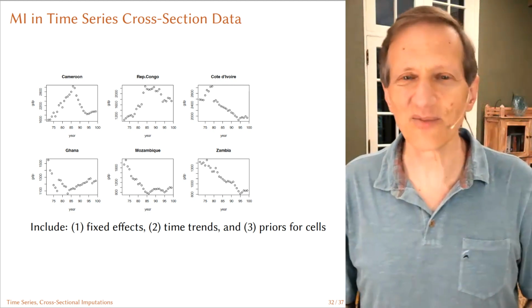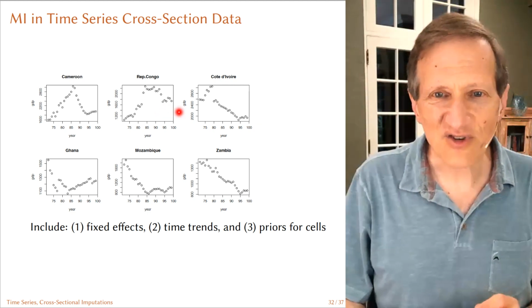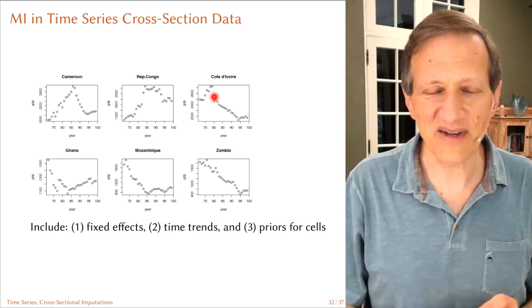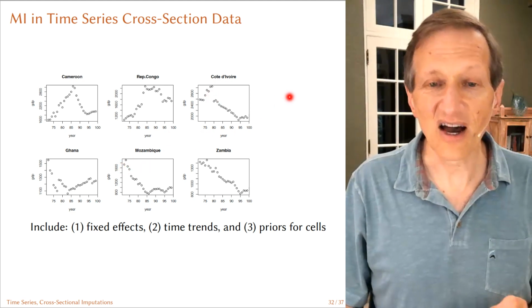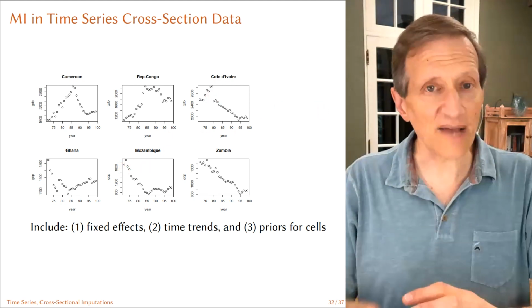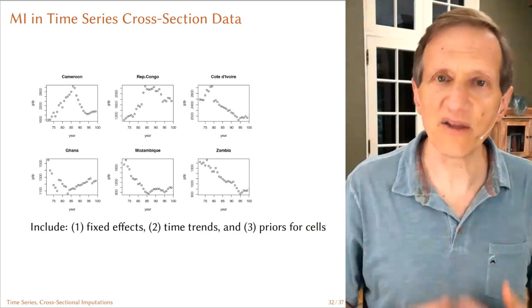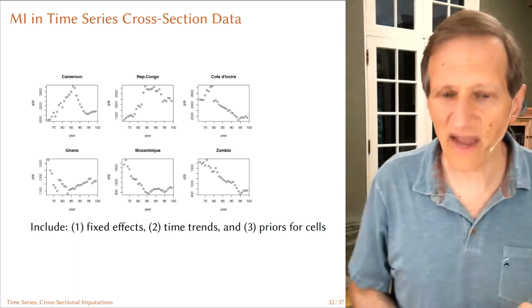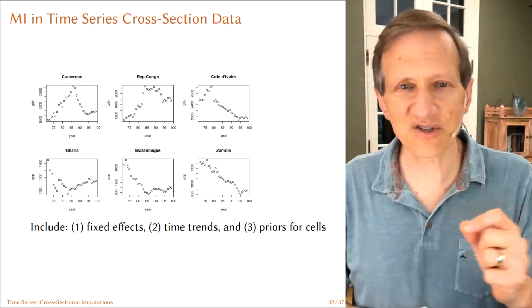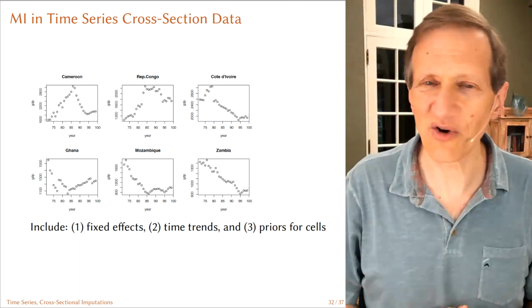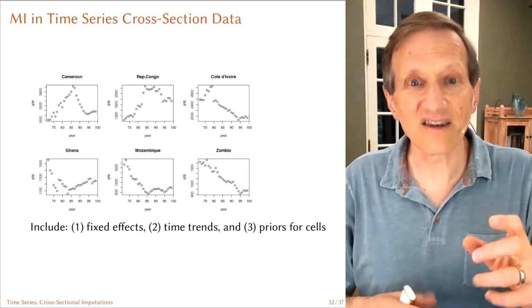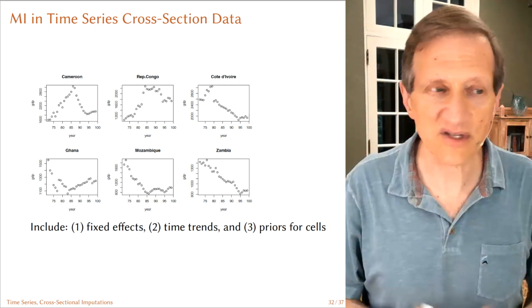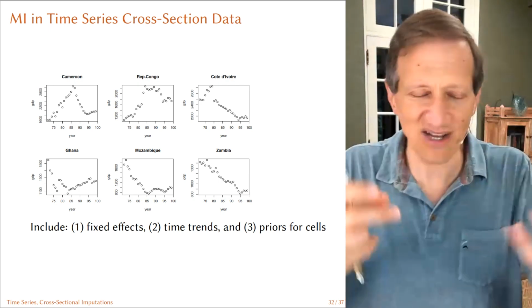Now this is really important because in these countries, let's look at right here, there might be data missing, or right here. Some of those data can absolutely be imputed by the rest of the data in the data set. But in a survey, these are random selections of isolated people from unknown geographic locations. In time series cross-sectional data sets, we tend to know a lot about each of the units.